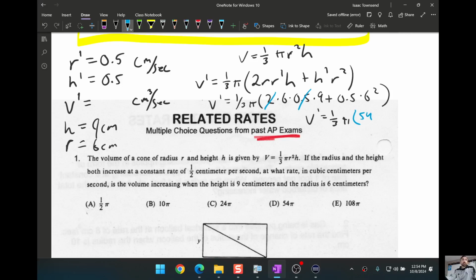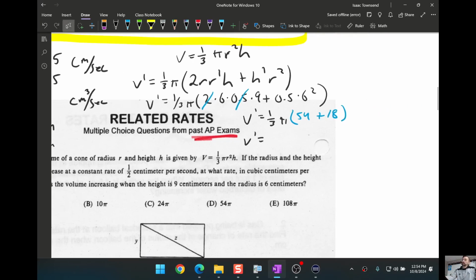Half of 36 would be 18. 54 plus 18 is 72. 72 divided by 3 is 24, I think. And then times pi, 24 pi.